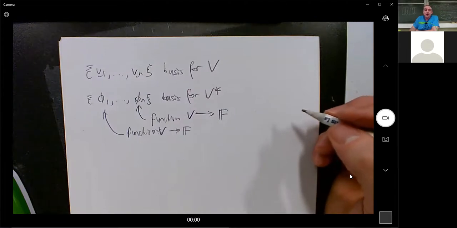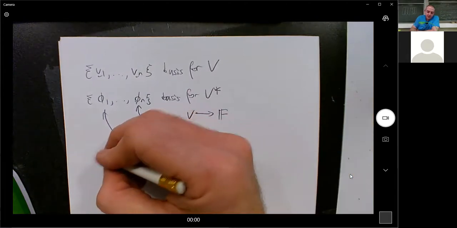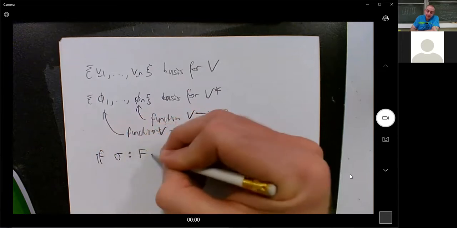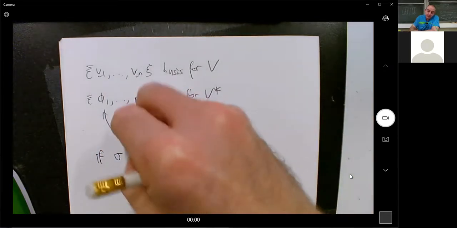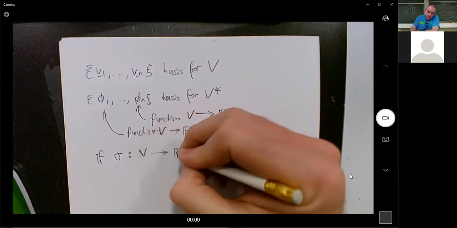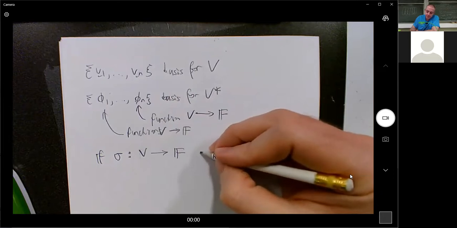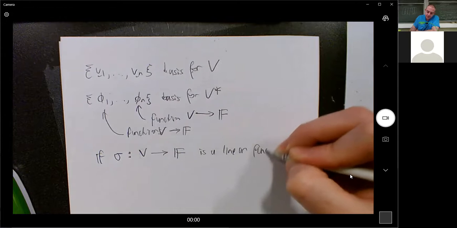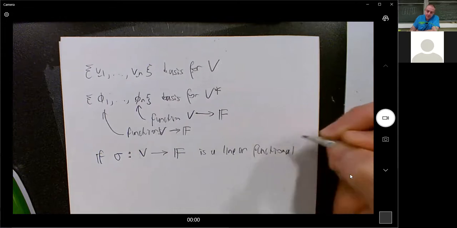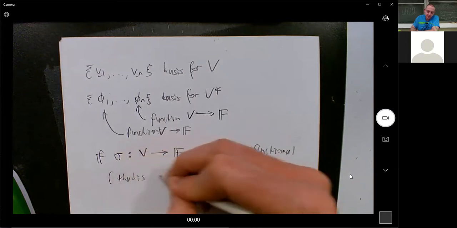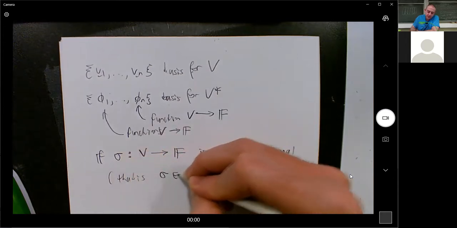And so if sigma is a function which sends V to the field, that means it is a linear functional, so sigma is in V star.